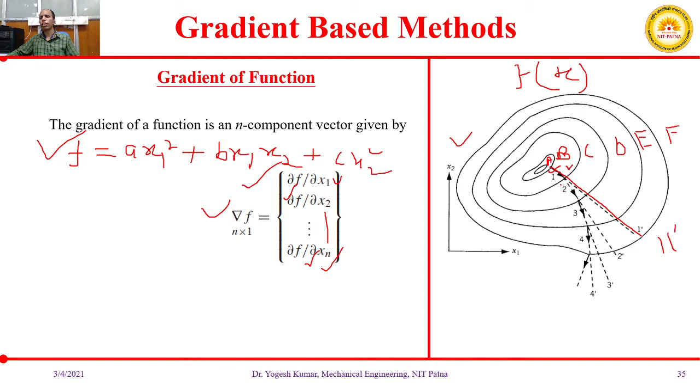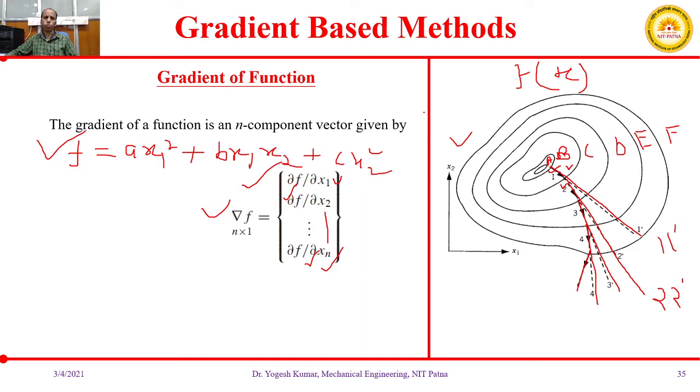Similarly, this is the gradient direction at point 2, which will be 2, 2 dash. Similarly, at point 3 we have this gradient, then at point 4 this, and at point 5 this. So we can say that there is a small change in the values of the variable, but there is a significant change in the direction of the gradient.